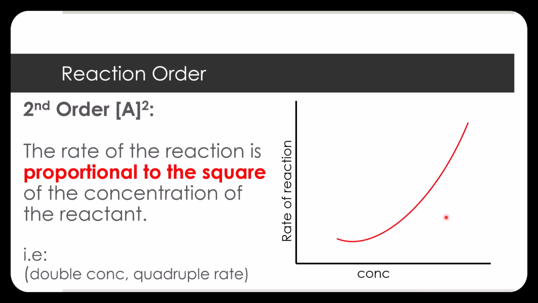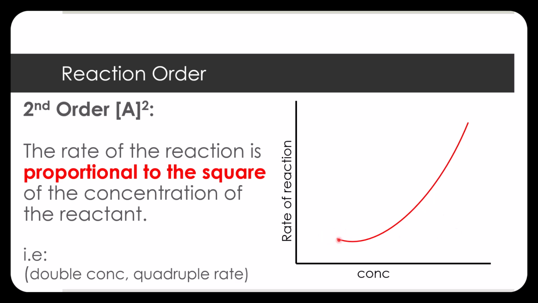The last one we're going to look at is a second order reaction. The rate of a second order reaction is proportional to the square of the concentration. So again, the rate is dependent upon the concentration of A, and this time the dependence is an exponential dependence.